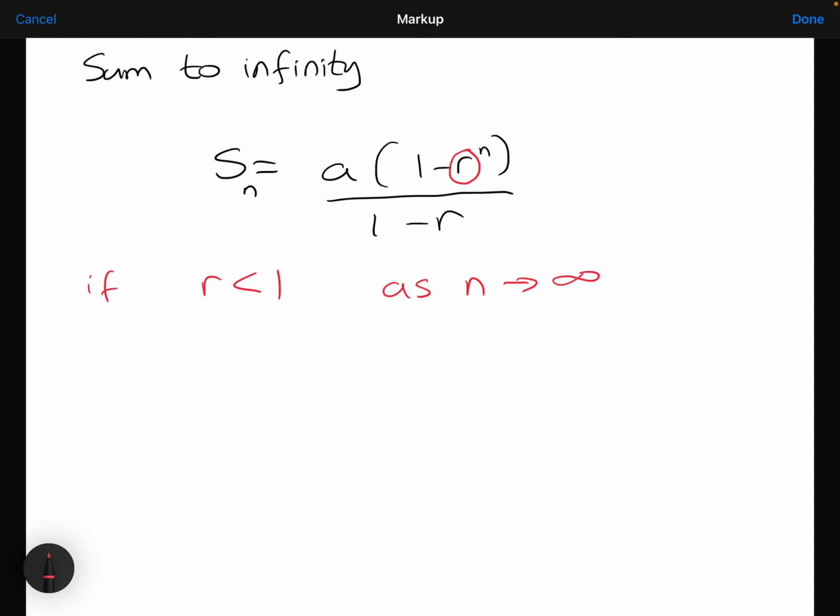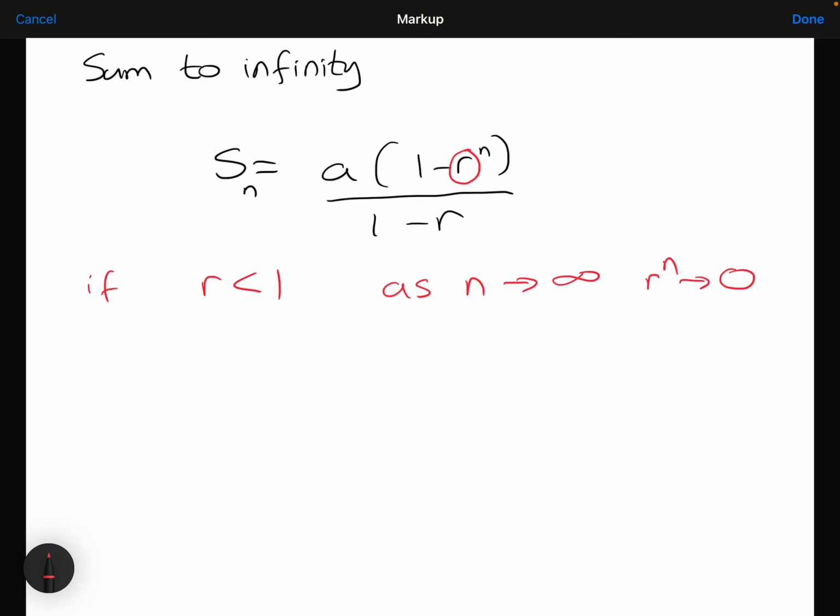Now we know that when I multiply a number by something less than 1, the answer gets smaller. If I multiply something by a half, it gets smaller. If I multiply something by a quarter, it gets smaller. So if r is less than 1, and I multiply that over and over again an infinite number of times, then that number is going to tend towards 0.